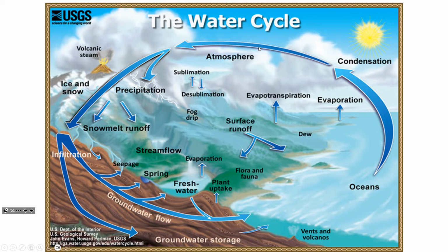And then when conditions are right and the cloud is fully saturated with moisture and the water droplets become heavy and collide with other water droplets, then the moisture will fall downward either as rain or snow or sometimes as hail and sleet.